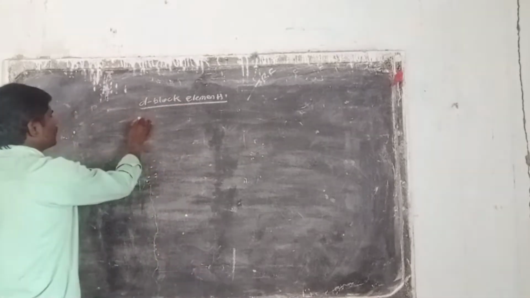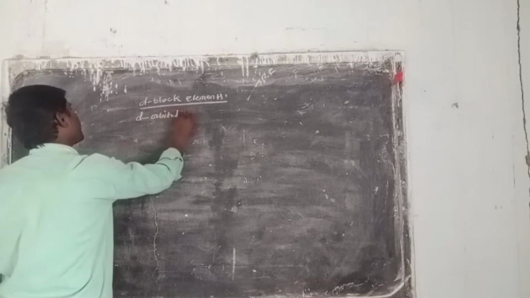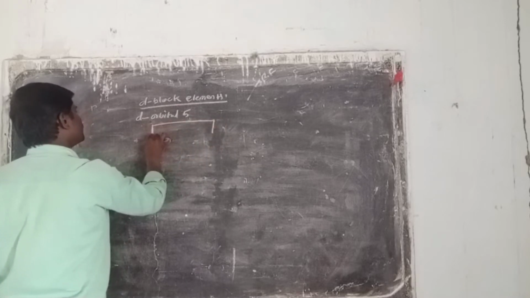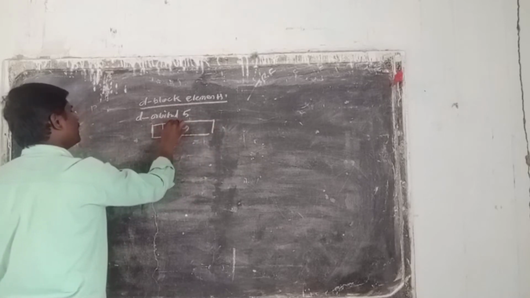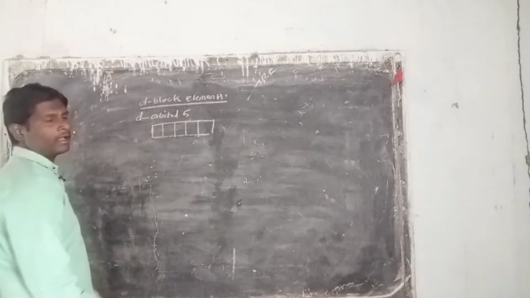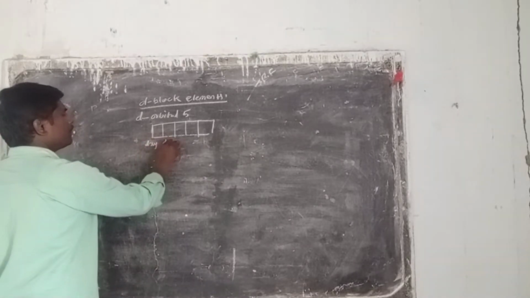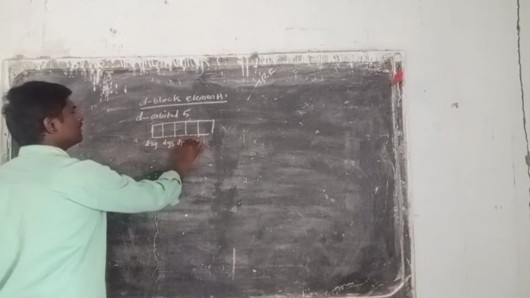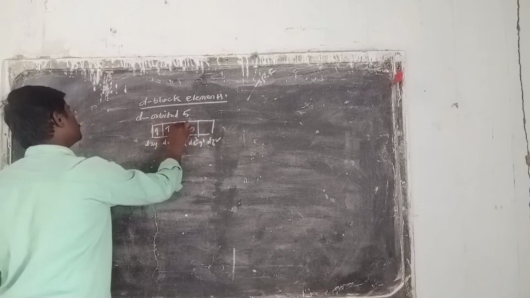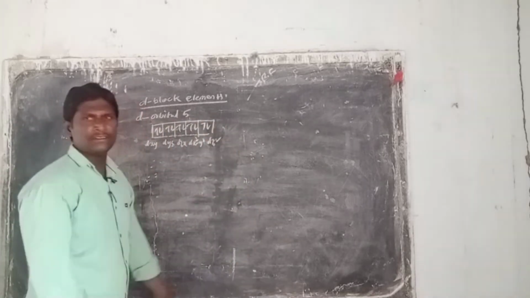The d orbitals are 5. What are those? dxy, dyz, dzx, dx square minus y square, dz square.